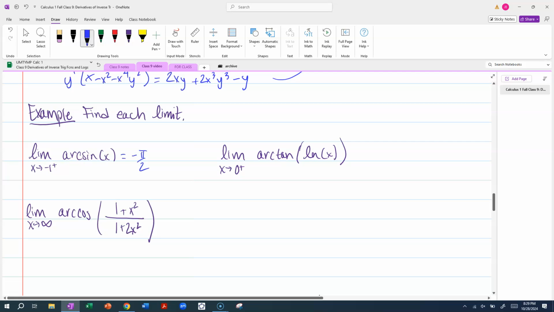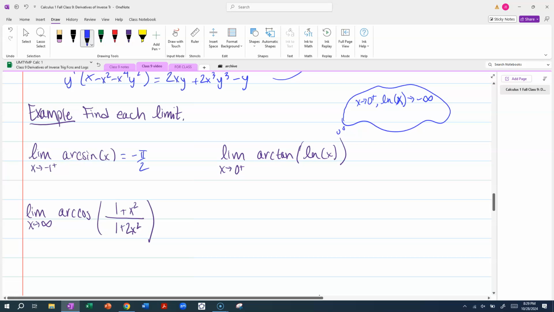Okay. So now, next one, limit as x approaches 0 from the right of arctangent of natural log of x. Here's my thinking. As x goes to 0 from the right, natural log, because that's where the x would go into first, natural log of x is going to -infinity.